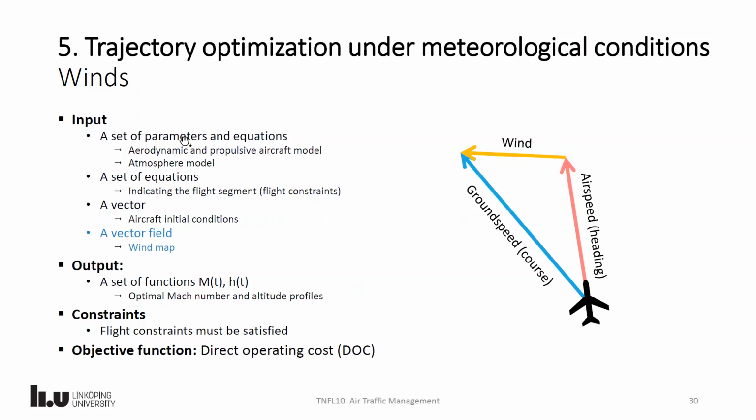We will have to consider not only the atmosphere and the aircraft models and the equation of the flight segment, etc., but also, as an input, the wind map: what the wind that the aircraft is going to encounter is going to look like. And also, this wind needs to be incorporated in the model. So the direct operating cost must take into account the influence of the wind.